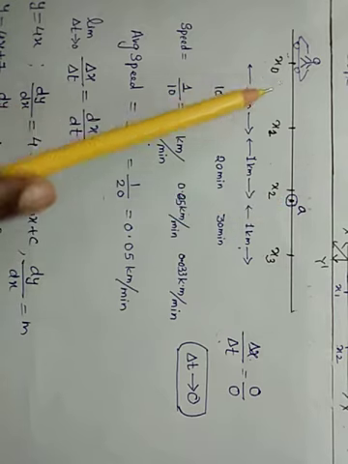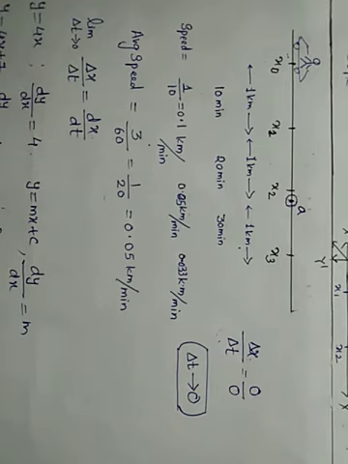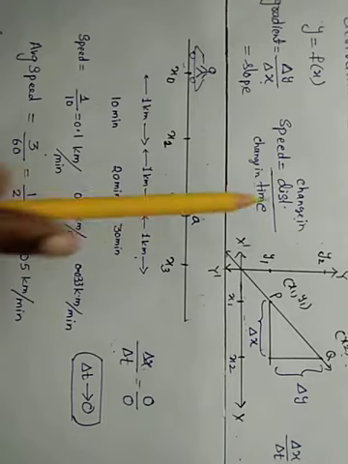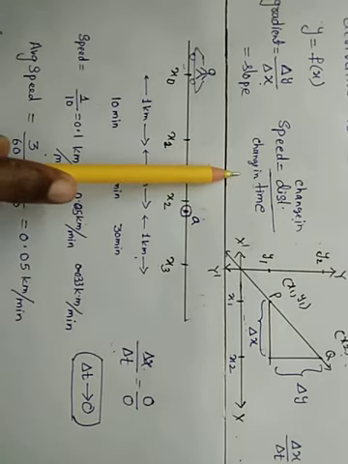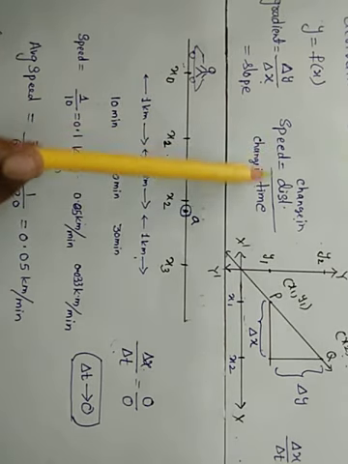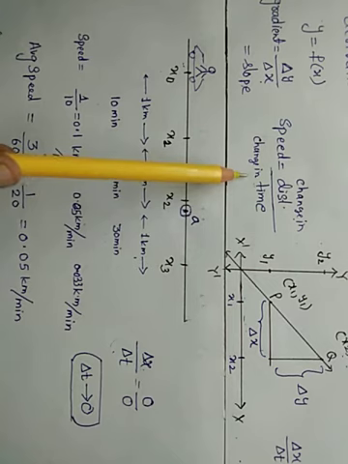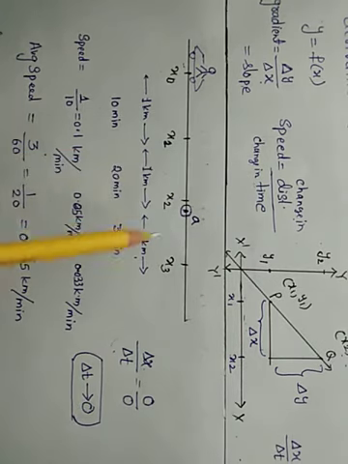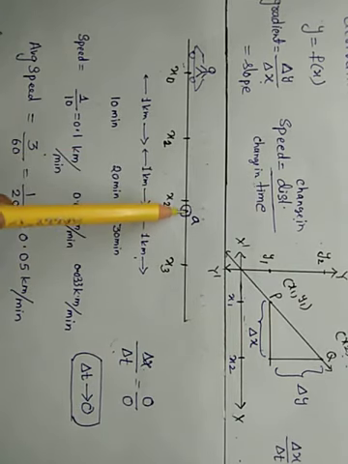Children, you know how to find speed. What is formula for speed? Change in distance upon change in time. Now children, as speed is change in distance upon change in time, I want to find speed at point A. How can I find change in distance and change in time? Because I want at a single point.